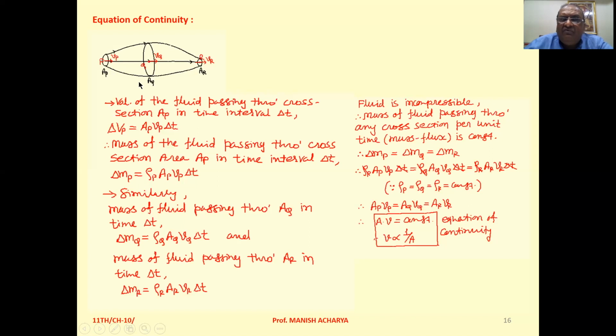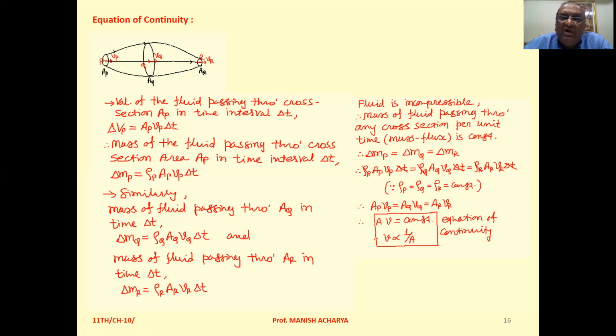So we can say the volume of that liquid, that is delta Vp, equals cross-sectional area AP into Vp delta t. Now suppose we think about the mass of the fluid passing through this cross-section AP in time interval delta t.